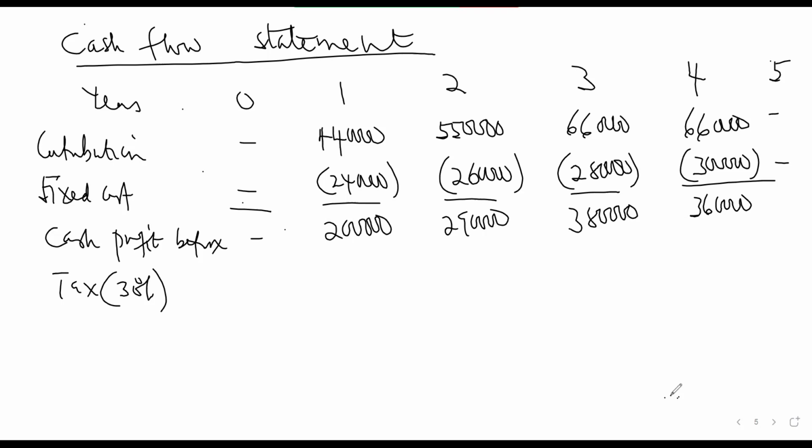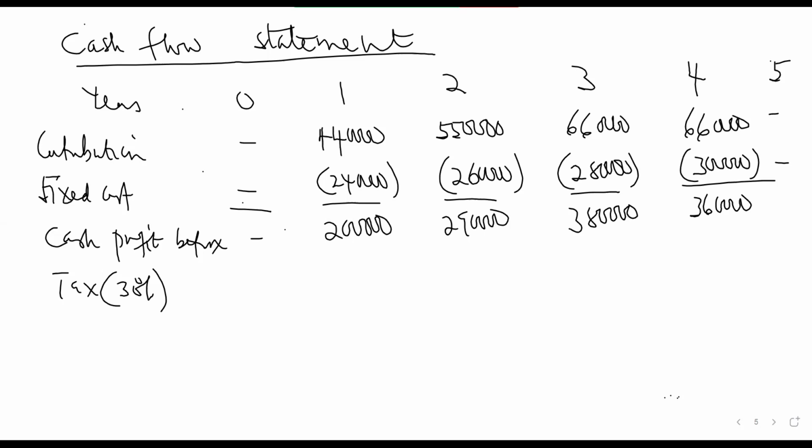The tax for year 1, 30% on that one. What are we getting? I did 60,000. It's 50,000, isn't it? 60.